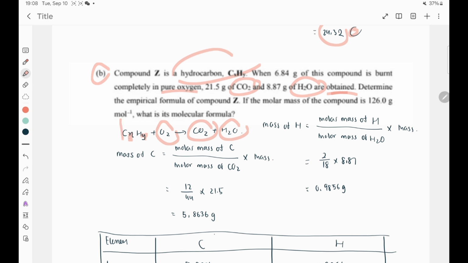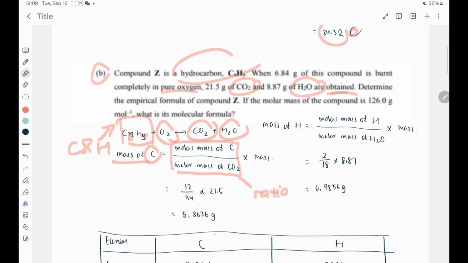We need to know what is included inside this, which is C and also H. So we need to calculate the mass of C and the mass of H first. The mass of C is calculated using the molar mass. We use the molar mass of C divided by the molar mass of carbon dioxide to get a ratio.